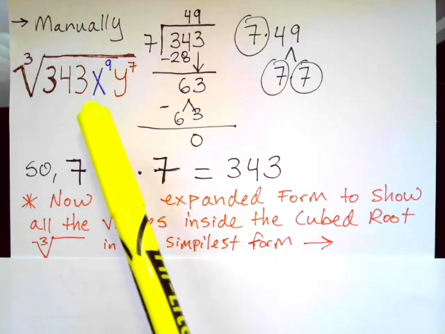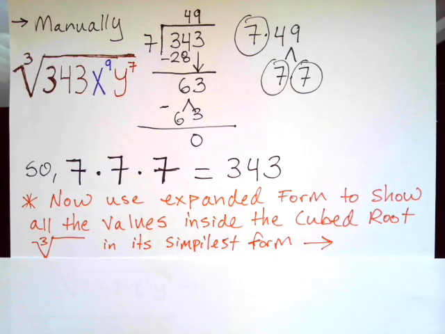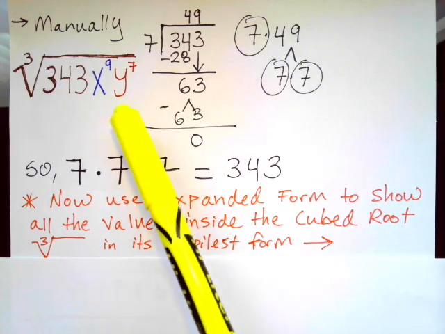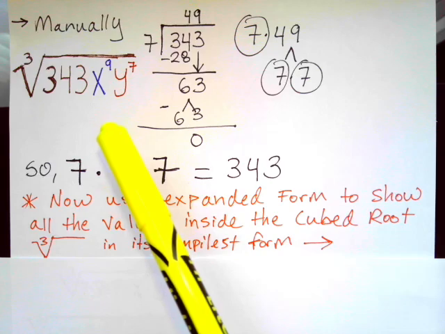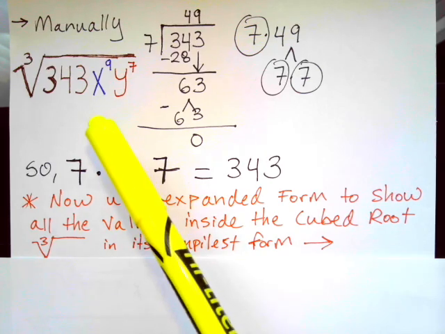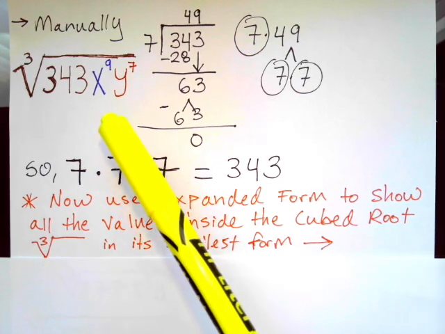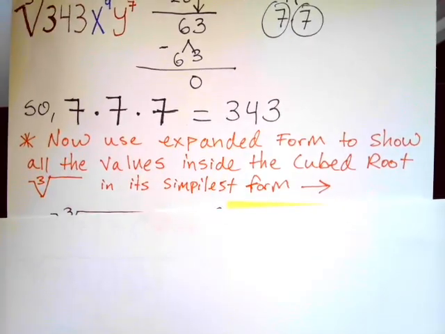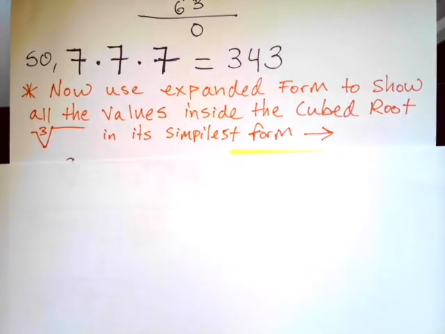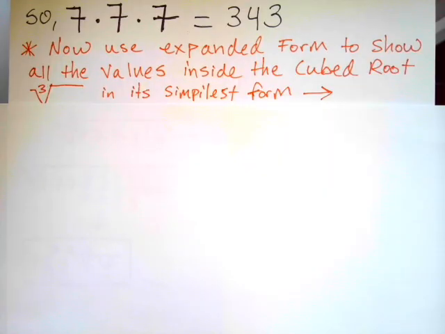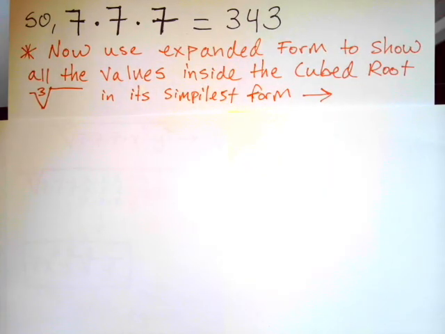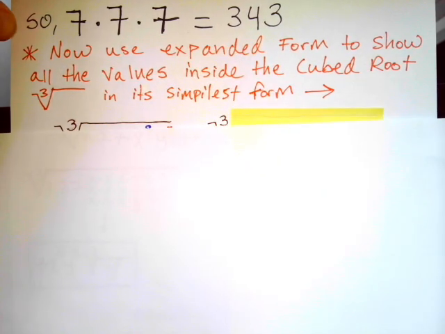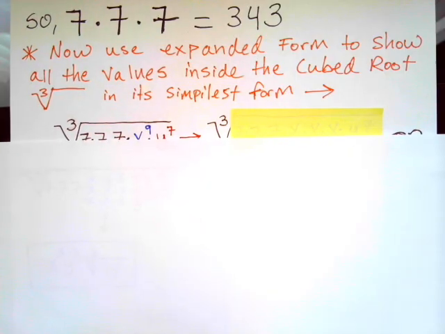And x to the 9th is x times x times x, 9 times. y to the 7th is y times y, 7 times. If you haven't seen my exponential videos or my invisible one videos, please watch those. They will help clarify a lot of what I'm talking about. So check those videos out. I'm going to break this down exponentially in expanded form to show you what the values are inside.